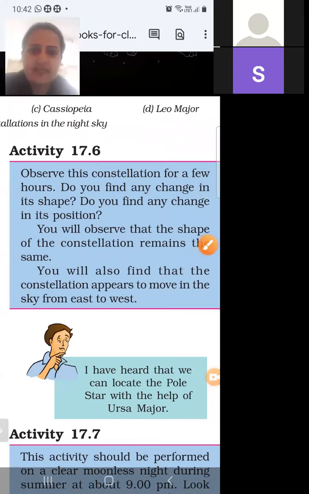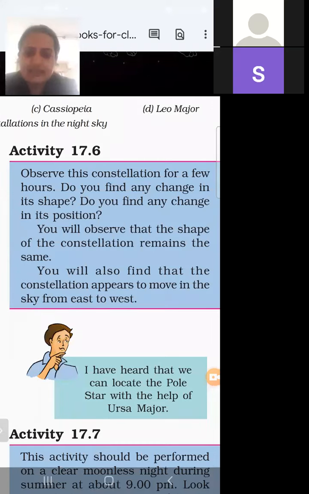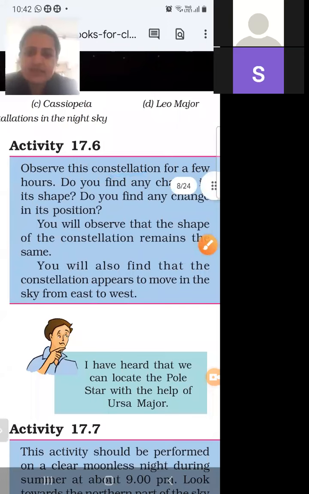So you have to remember there is no change in the shape of the constellation. And next, you find that these constellations move in the sky from east to west.